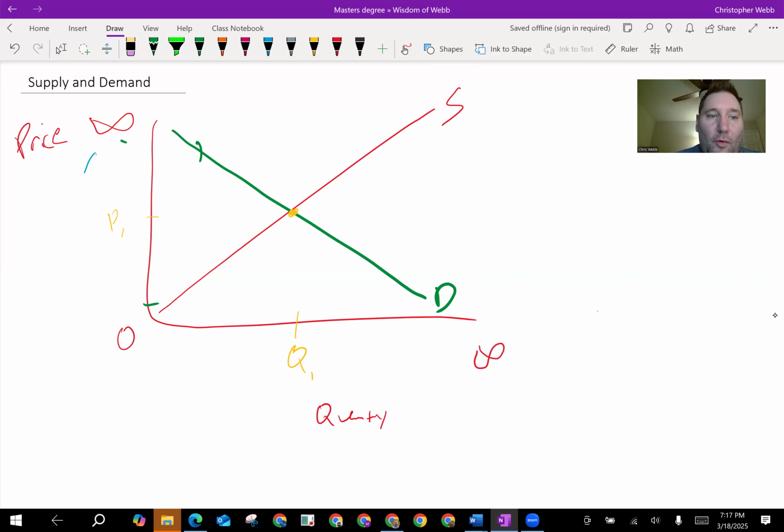And one thing to consider on this is when we have an increase in demand, let's say we were stuck in our houses for several months and we wanted to go out to our local place in town to eat. What happened? Well, the demand curve shifted outward.